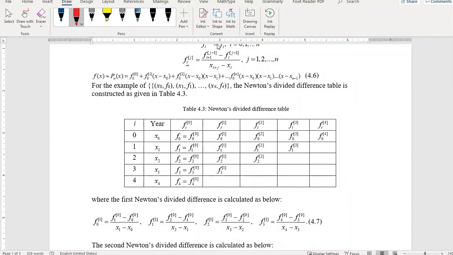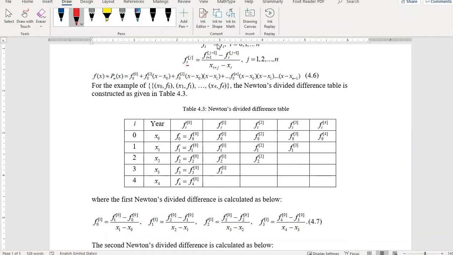f_i^1, meaning f0^1, is dependent on the 0 level, and then how to calculate? This is the difference of the y divided by the difference of the x. So for f0^1 you take f1^0 minus f0^0, because here it will be i plus 1 minus the same row.